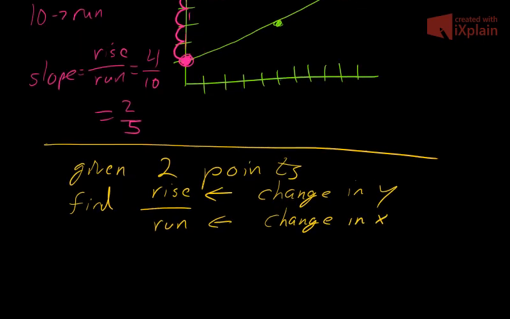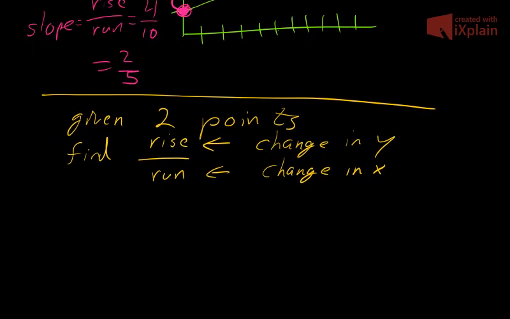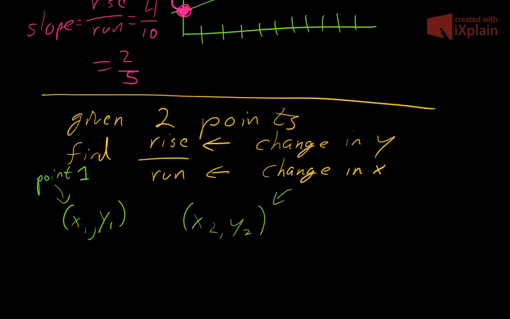So what I can do, change is going to be a difference. Difference means I'm subtracting. So if I have 2 points, and I'm going to call these points x1, y1, is what I'm going to call point 1, because I'm very, very creative. And I'm also going to have x2, y2, again, because I'm very creative, it's going to be point 2.